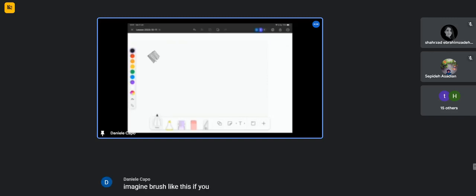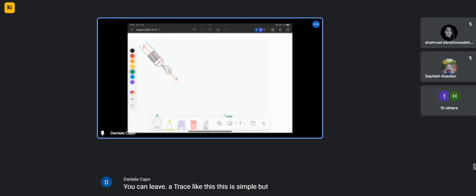Imagine a brush like this. If you go in this direction, you can leave a trace like this. This is simple.